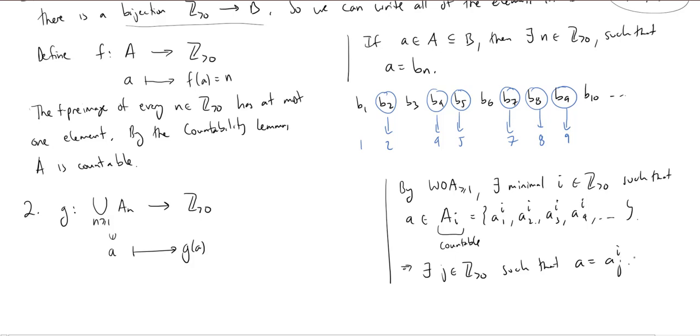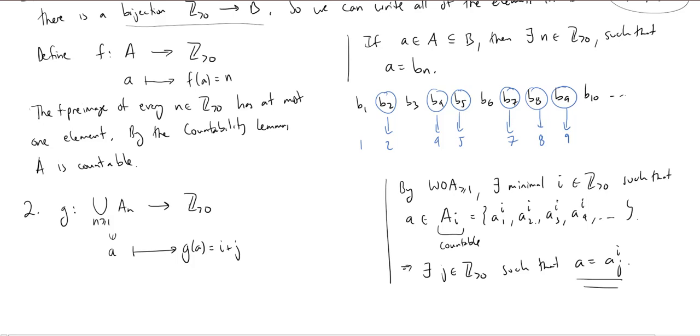Now that I have this description of my little a, I know it shows up in the ith set in the jth position, I can define my g of a. I'm just going to take I and j and add them together. That gives me some positive integer. But for the countability lemma, we need to make sure that every positive integer has only a finite preimage.